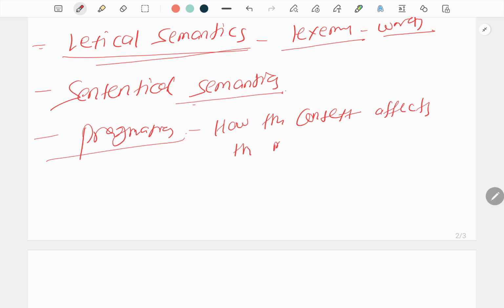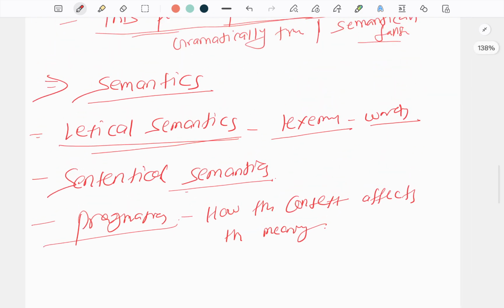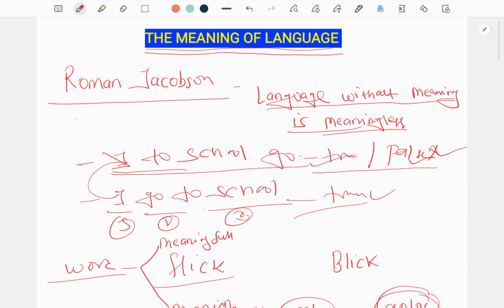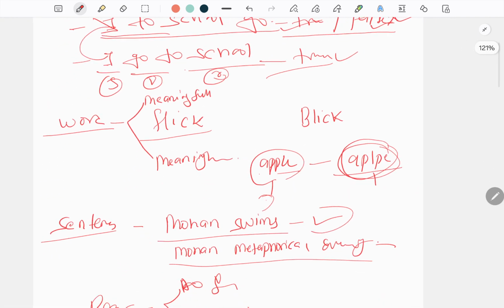Okay. So whatever we have studied under the meaning of language, we study in semantics, and all of this is part of semantics.